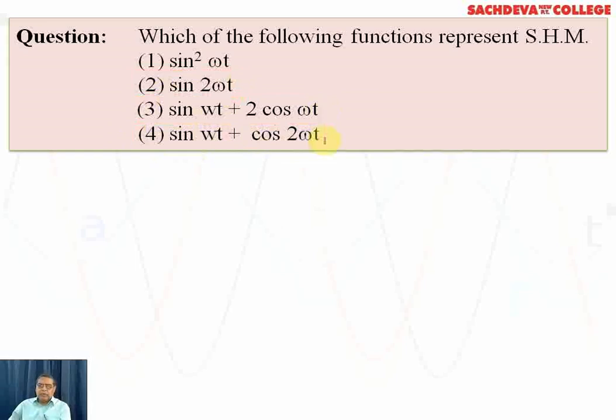We have to decide which of these functions indicate SHM. Just by observation, the first function does not indicate SHM, because it is a square function. As I have explained, sine square omega t does not represent the equation of SHM.